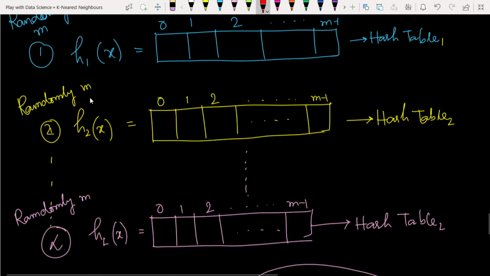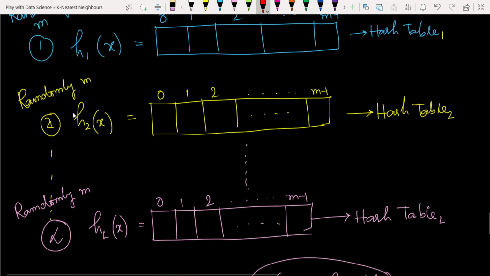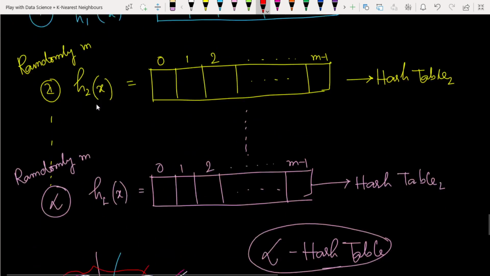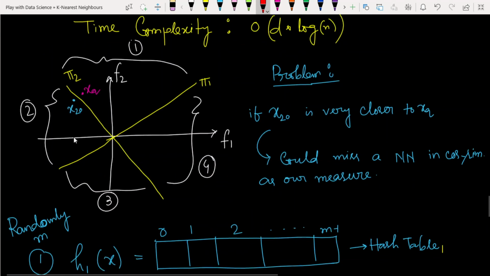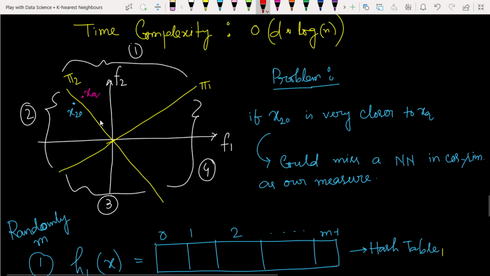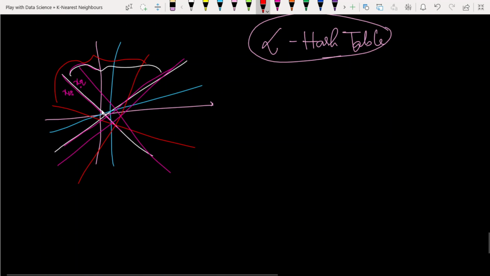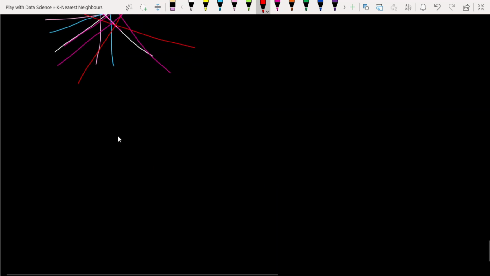So if we randomly select m hyperplanes l times, in one of these trials these 2 neighbor points will lie on the same chunk. So we can easily remove this problem by considering this.